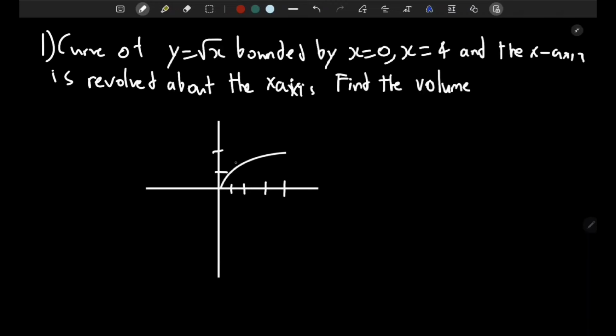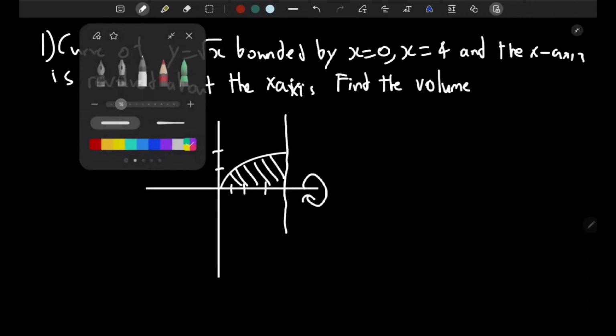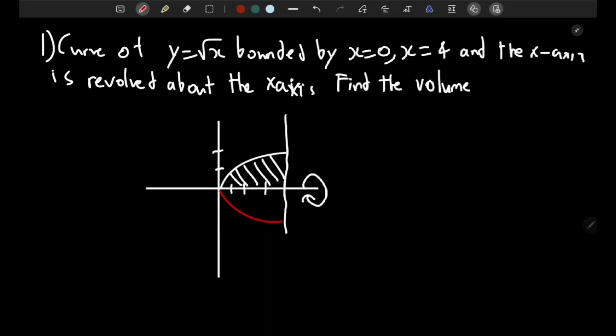And now what we're doing here is looking at the area of the shaded part, and we are revolving it around the x-axis over here. If we revolve it, it is going to look something like this. We are to find the volume of this shape, and this indicates that the shape is a 3D shape.